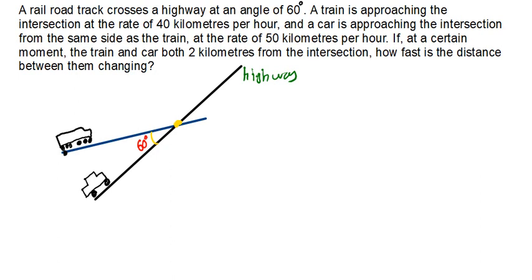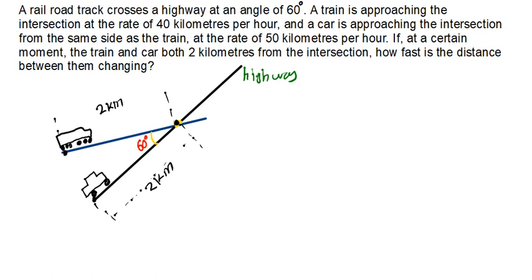From this point going to that point there, the intersection, we say it's 2 kilometers. Then for the car, from this point to that point there, we say it's also 2 kilometers.